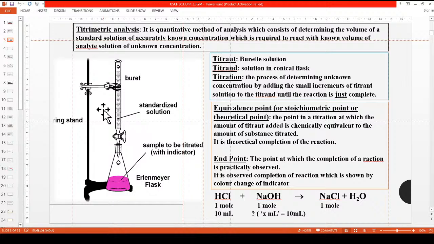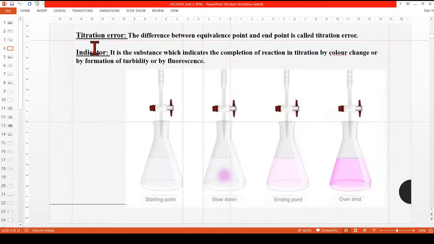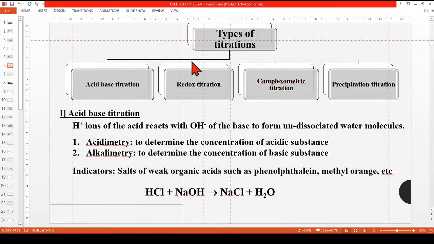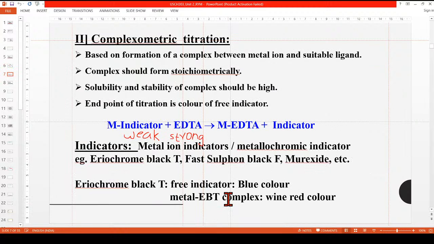Then we have seen different definitions of the basics of this part: titrimetric analysis, titrant, titration, equivalence point, end point, then titration error, indicator, conditions suitable for titrimetry, types of titration, each type of titration in detail with its example, including example of indicator.